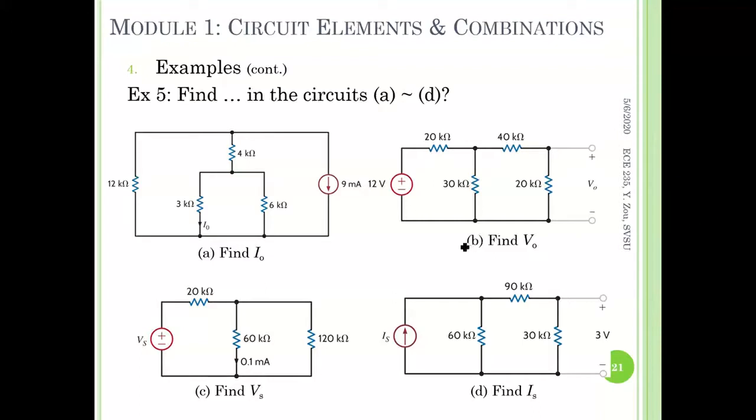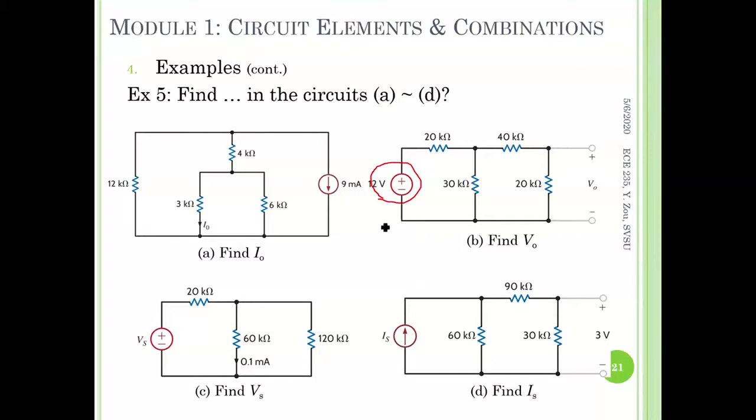Now let's see circuit B here. Based on circuit A analysis, we should be able to open our mind to the idea that as long as we are seeing only one independent source, we might want to think of voltage or current divider as one of the solutions, at least. Here, be careful. It must be one independent source. No more than that. If you have two independent sources or even more, no, you can't do that directly.